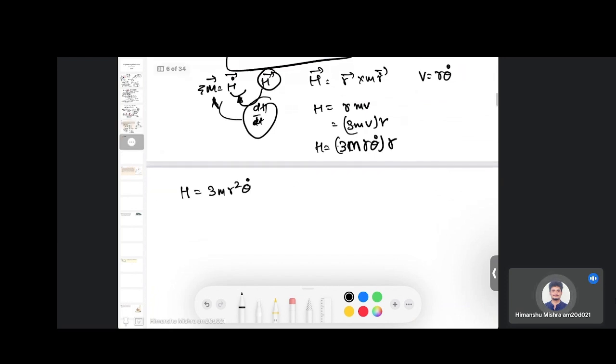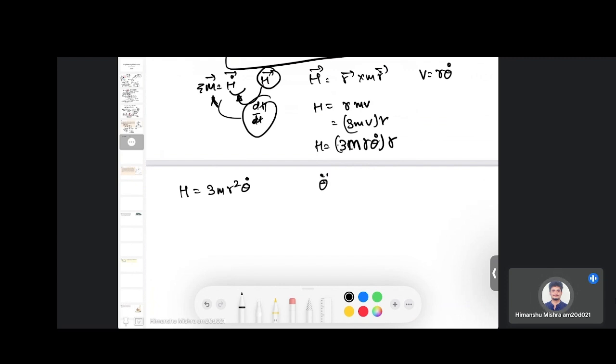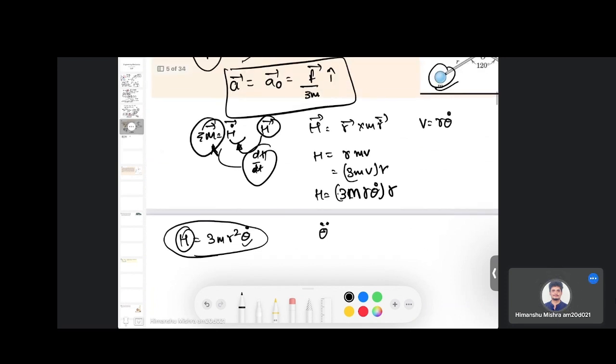Now how to define the angular acceleration? Angular acceleration is theta double dot. If I take the derivative of this, I will get the rate of change of angular momentum with respect to time, and here I will get theta double dot. And this quantity is equal to the summation of moments, because the rate of change of angular momentum equals the summation of moments.